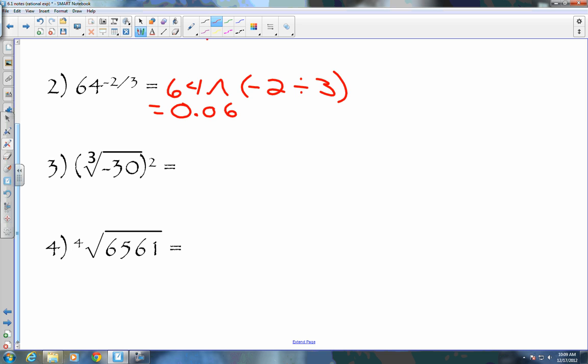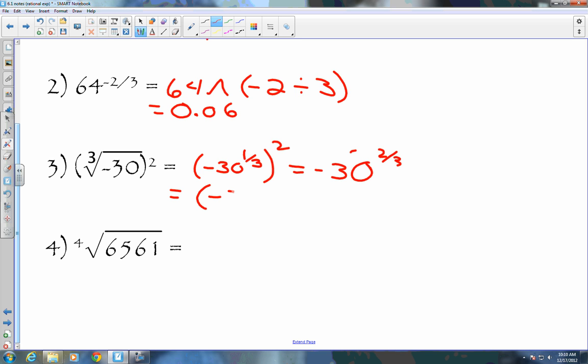Okay, now be careful when you have a negative number underneath of the radical sign. Before you can put this in your calculator, you need to convert it to rational form. So I'm going to say this is negative 30. It's a cube root, so it's raised to the 1/3 power, squared. So now I would write that as negative 30 to the 2/3 power. So in your calculator, don't forget the parentheses.